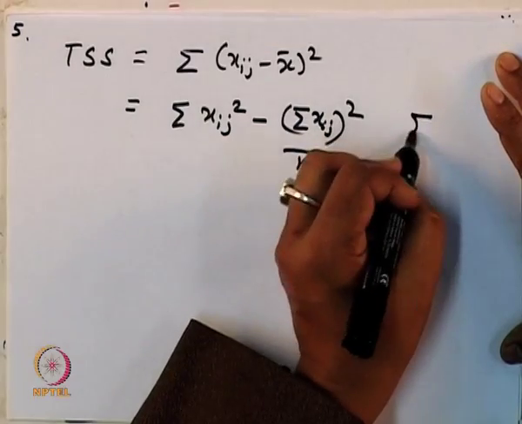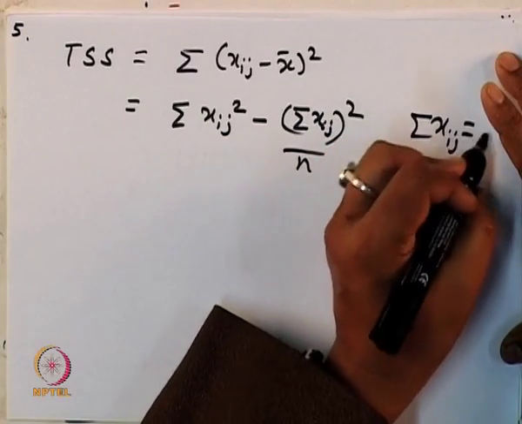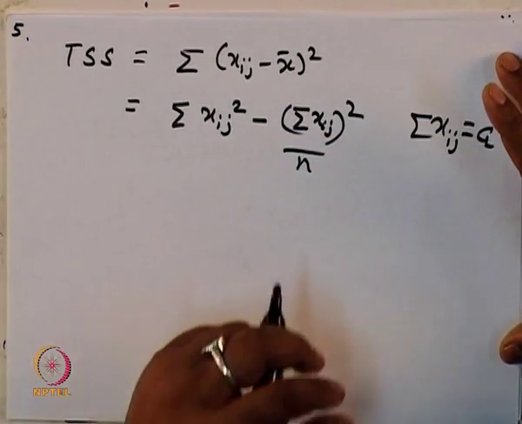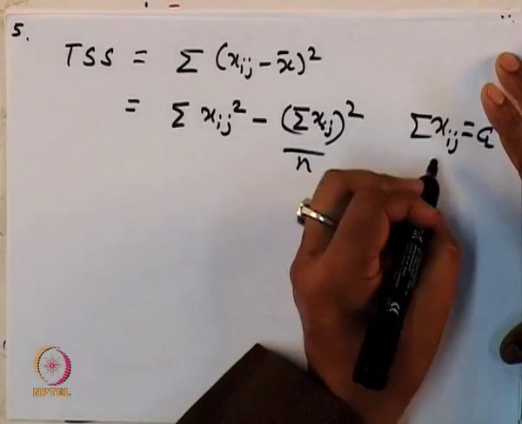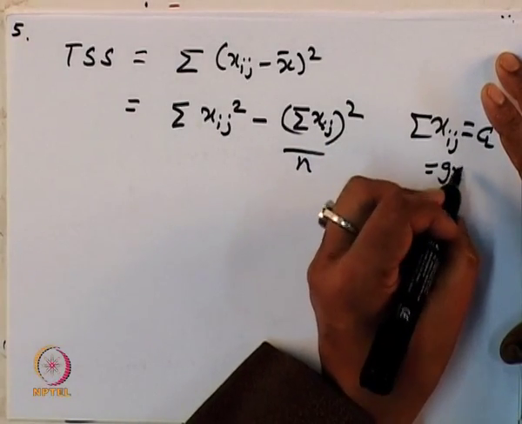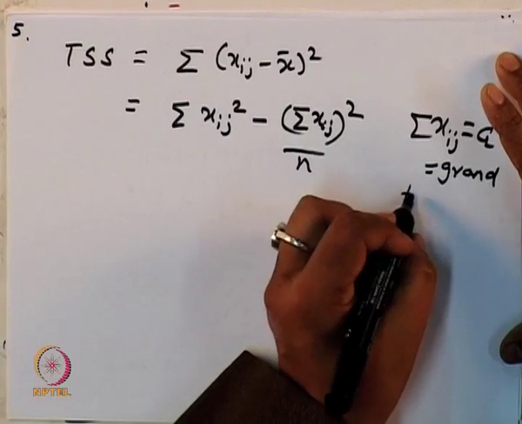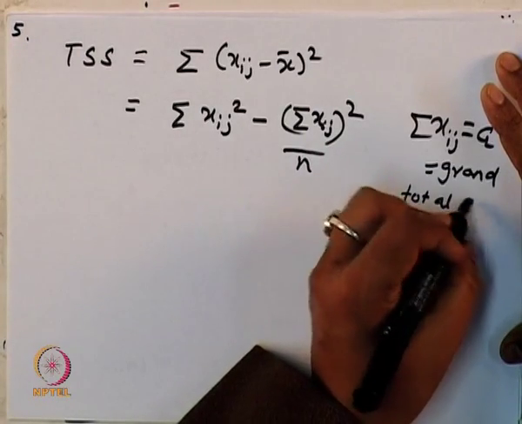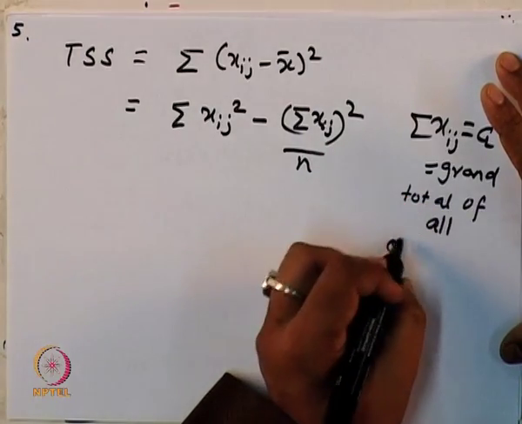Summation xij is equal to G, where G denotes the grand total of all observations.